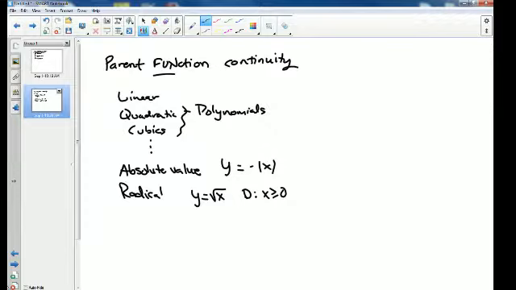Is a rational function always continuous on its domain? Yes. Remember, that's two polynomials and a fraction. Just make sure the denominator is not going to be 0.